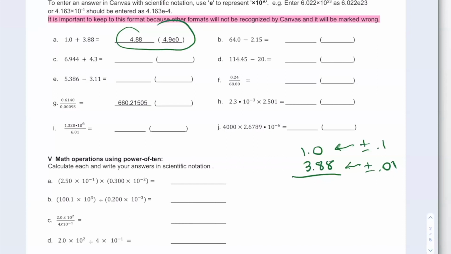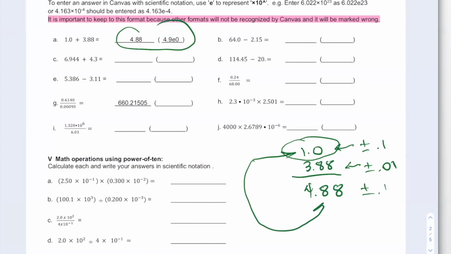Which one is the least precise? This one's the least precise. So you're going to have to round it off based on 1.0. So when you add this up, that's 8, that's 8, that's 4.8, but it's got to have an error of plus or minus 0.1, because the data that you have with the biggest uncertainty has to also be contained in your answer.